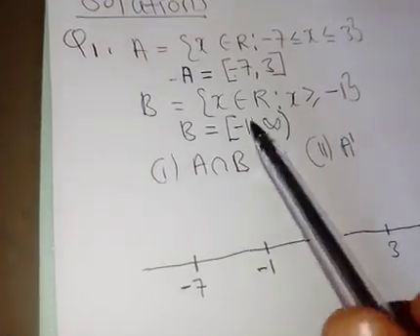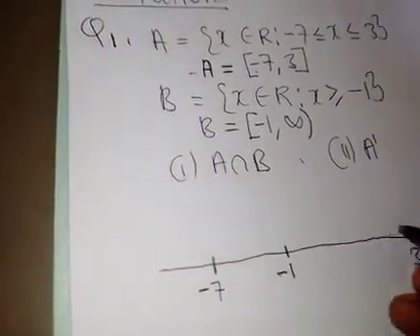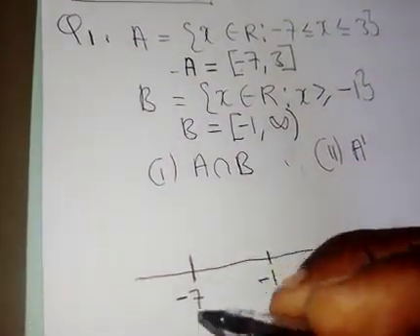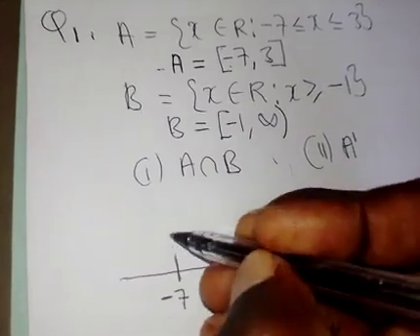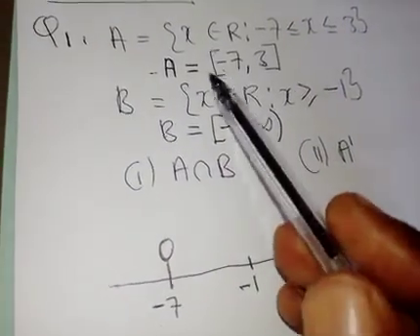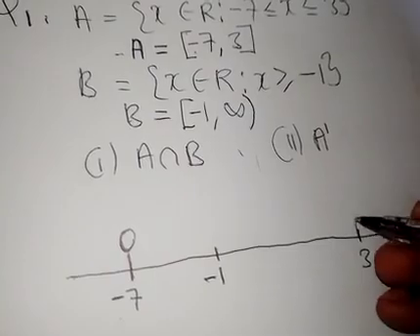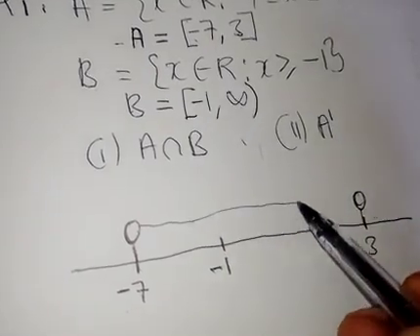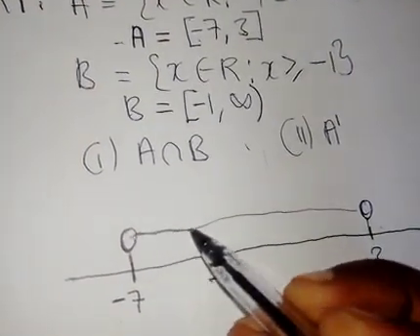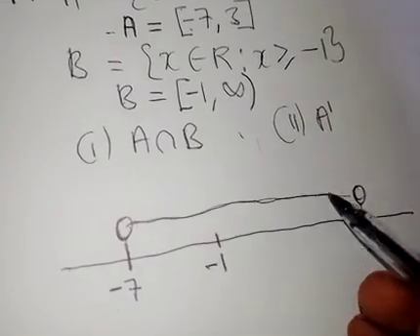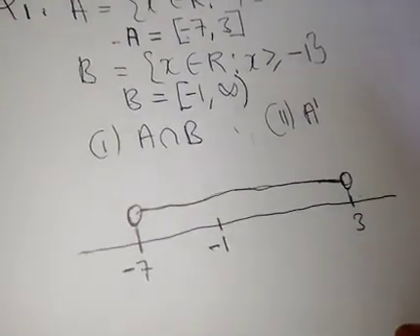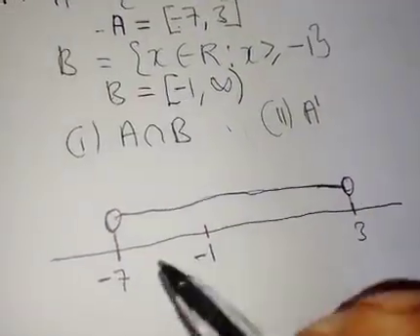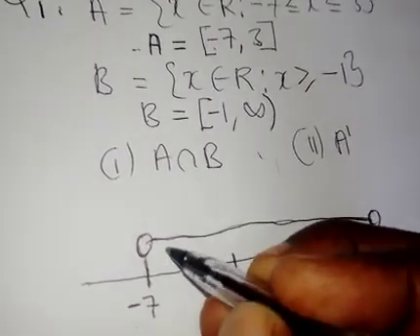Okay. So for set A, let's show set A on this one. On top of negative 7 for A, you draw a circle. Then even on top of 3, this is for A, you draw a circle like that. Then you join them the same way we did in the introductory part. You join them like that. Of course, you can even use your ruler so that it can be neat. Then what you do, you shade.